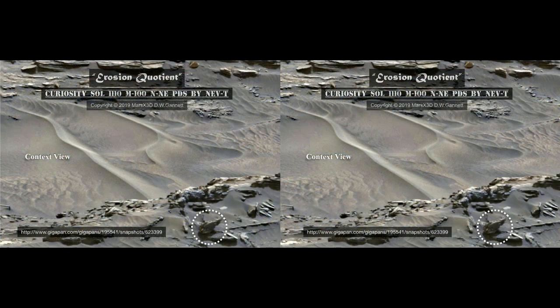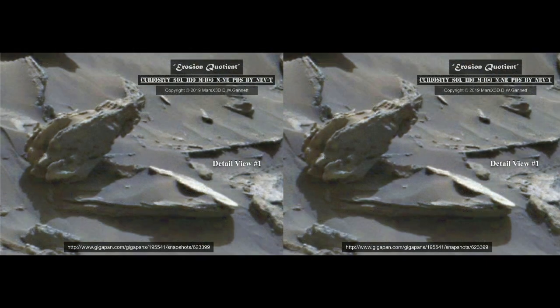It's nice every once in a while when there's something large enough, close enough, and not fuzzed up or hidden for whatever reason by NASA, so we can have a decent look at it. Such is the case in today's context view, where we see a big chunk of something down in the lower right-hand corner. Moving in a little closer, we see what at first glance might be an eroded boulder.